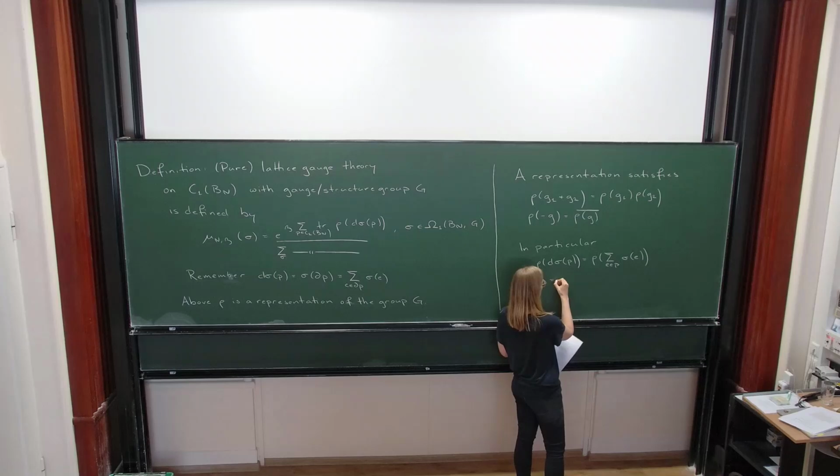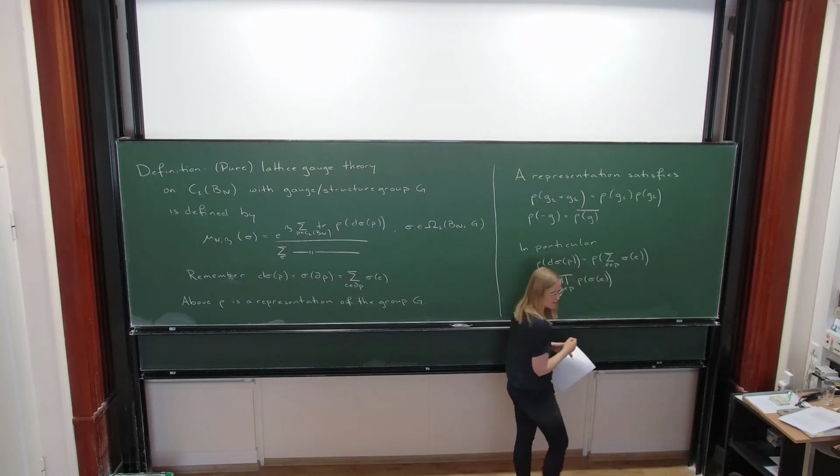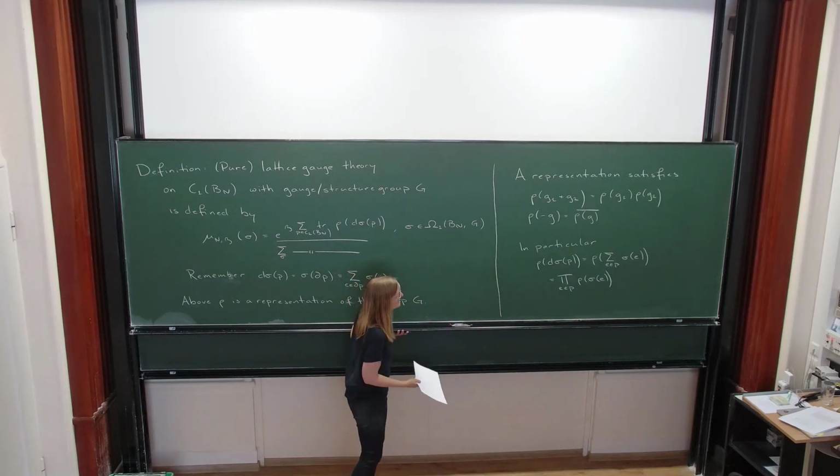So this will be the same thing as the product over all edges in the boundary of P, rho of sigma of E. So there you have a product, essentially the same product as we had before.